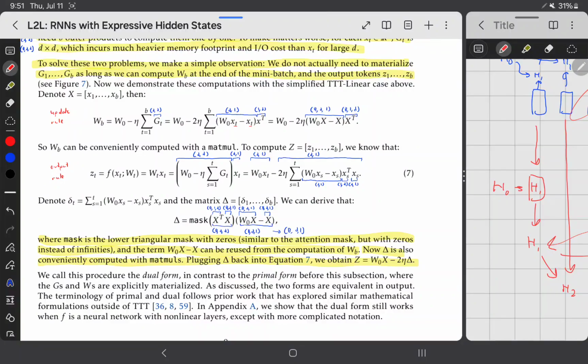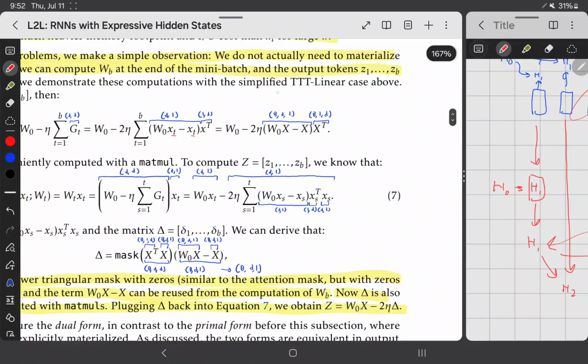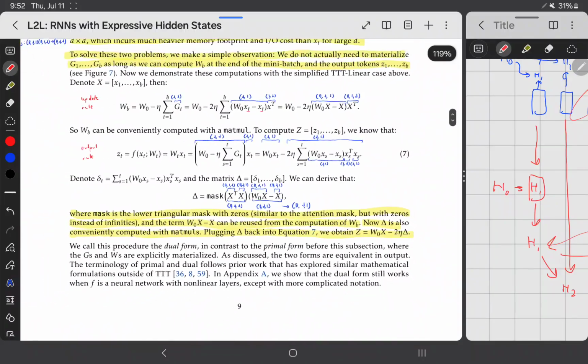So this is an efficient way of doing the computation mentioned above, where this is the output rule and this is the update rule. Basically just reordering these such that you don't have to compute a D by D matrix. Rather, you just have to compute B by D matrices, which is nice.